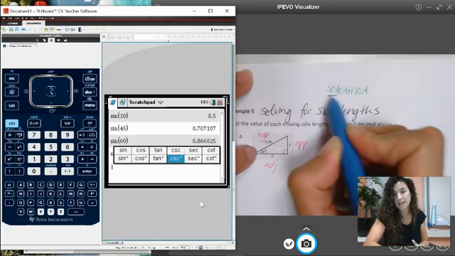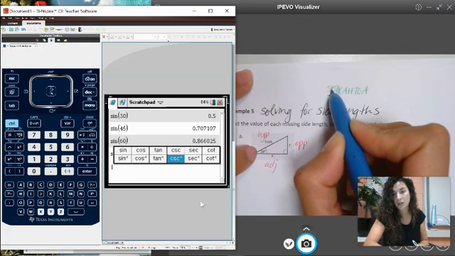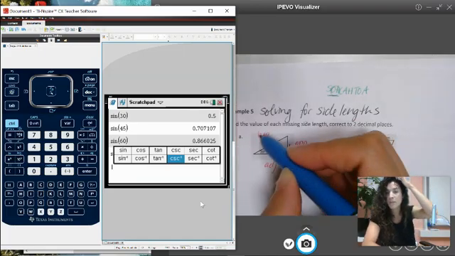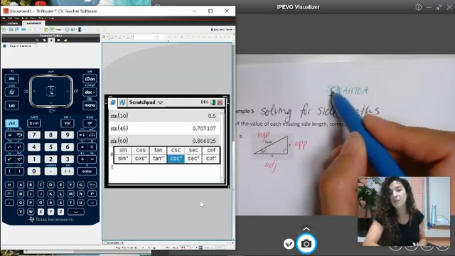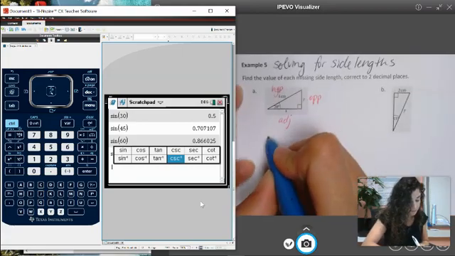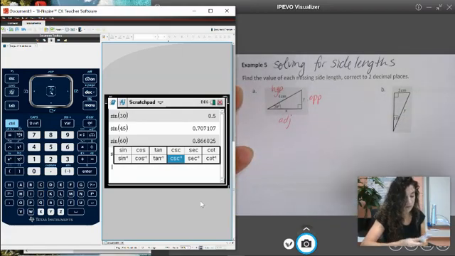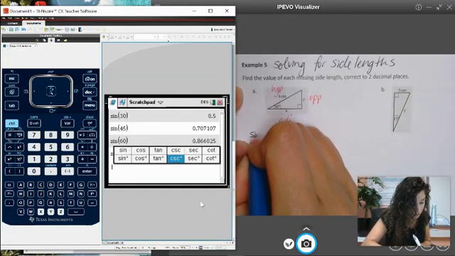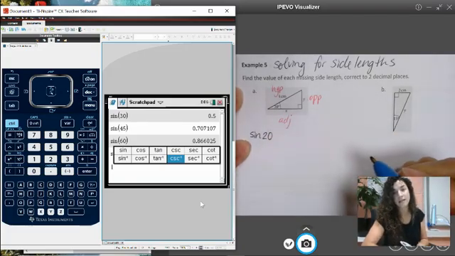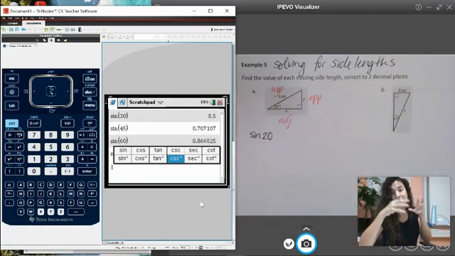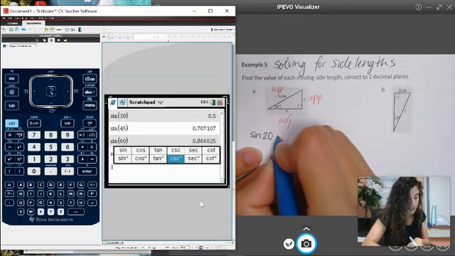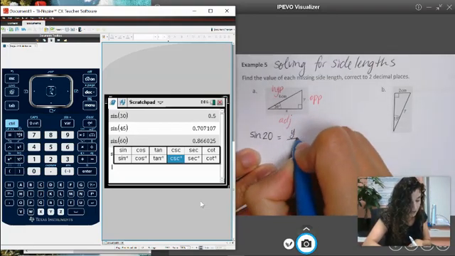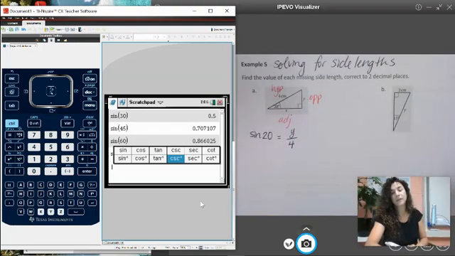That's right here. Because we want to solve for the opposite and we have the hypotenuse, we need to use sine. So I would do sine of 20, not sine times 20, 20 is inside of sine, equals y over 4.